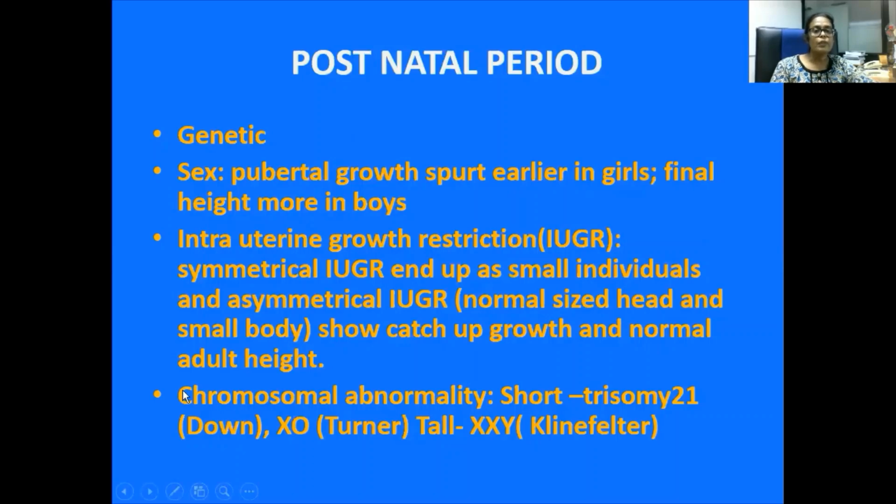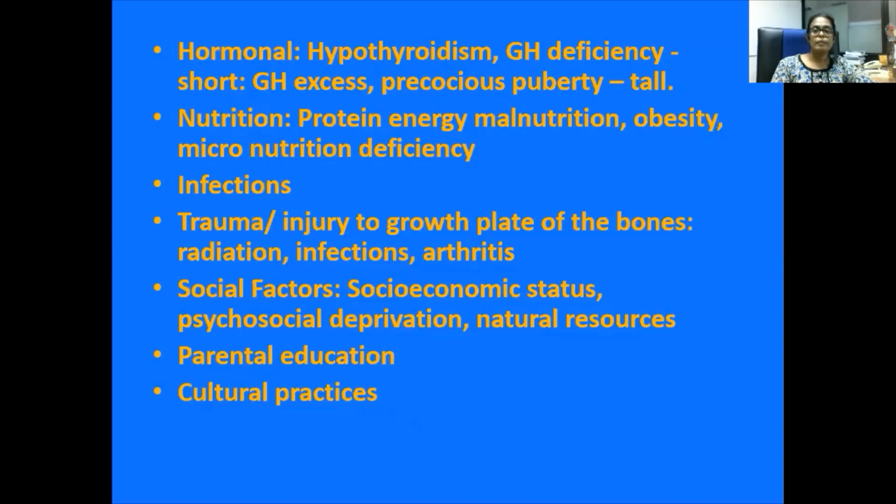Then of course we know chromosomal abnormalities, trisomy 21, Turner syndrome, Klinefelter, all have changes in height. Klinefelter shows a tall stature, whereas Down and Turner show short stature. Hormonal causes like hypothyroidism and growth hormone deficiency end up in short individuals.